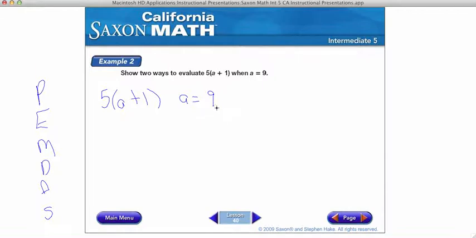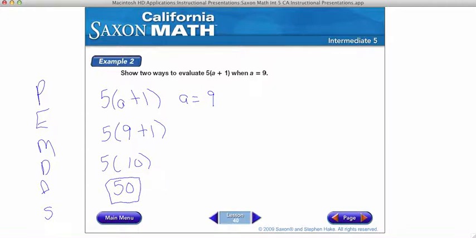Now I rewrite the problem substituting the 9 for a. 5 times 9 plus 1. Using PEMDAS, I do what's in parentheses first. So 9 plus 1 is 10. And now I multiply. 5 times 10 is 50.